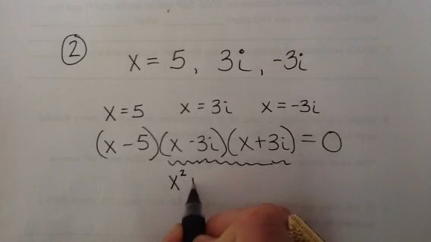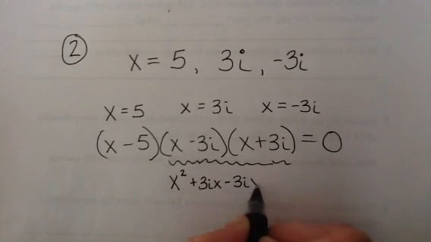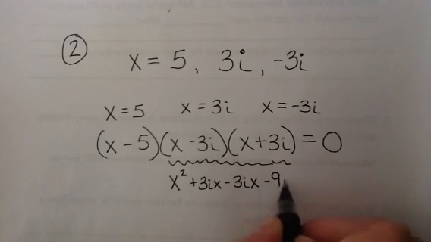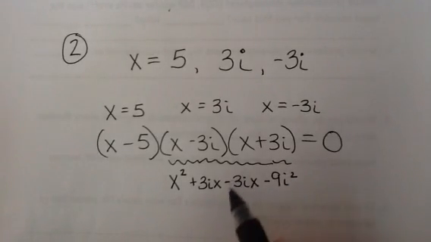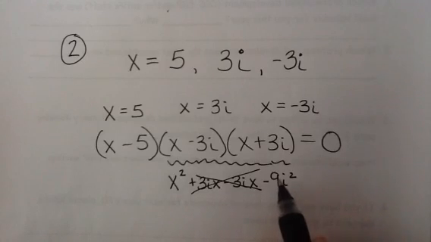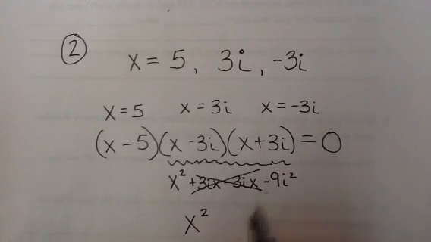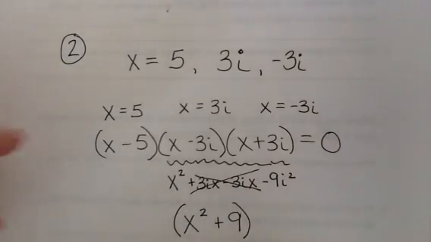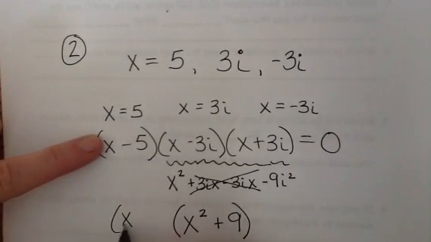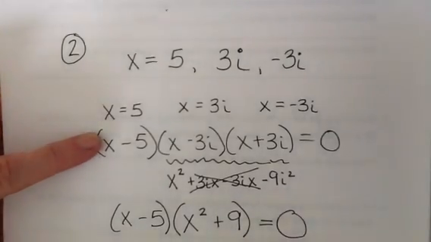I get x squared plus 3ix minus 3ix minus 9i squared. Your i's actually will go away. So the middle terms cancel, and i squared's -1. So I have x squared, 2 negatives make it plus 9. And there's my new binomial. And then I have x minus 5 times the x squared plus 9.